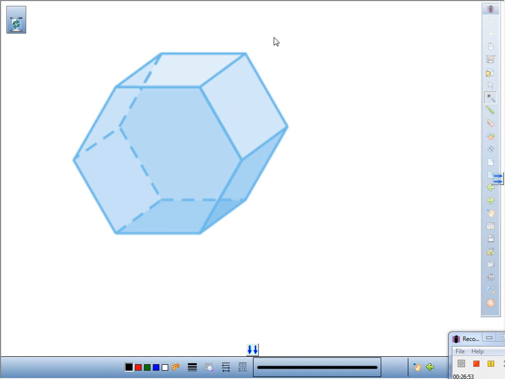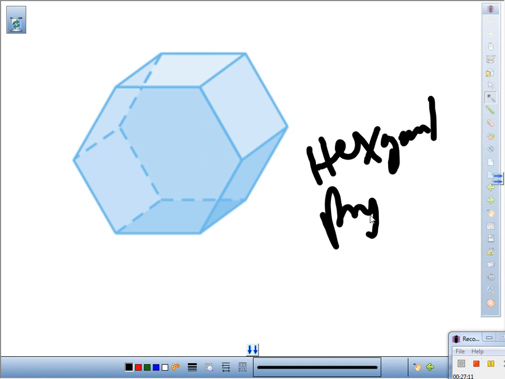Hexagon. So the name of this one is a what? Hexagonal prism. That is correct. Hexagonal prism. All right. So we're done with that.